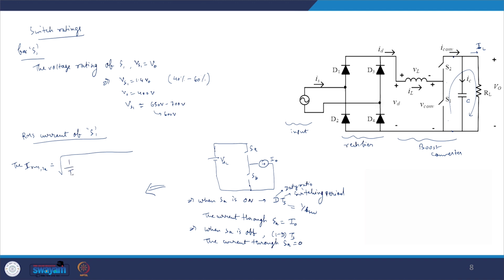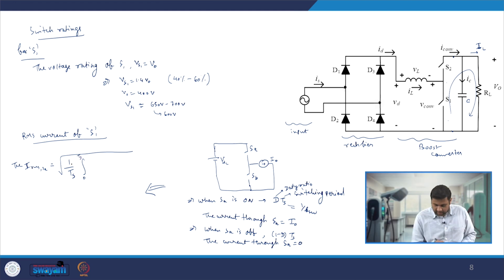So we can write 1 by Ts, 0 to Ts, and the current through SA, ISA, let me write this as ISA square times dt. Now we can write this expression as 1 by Ts.